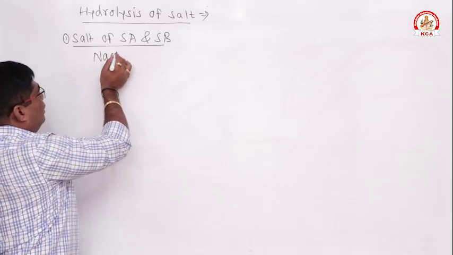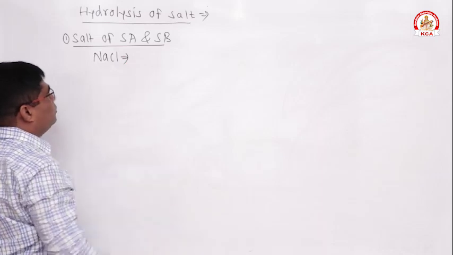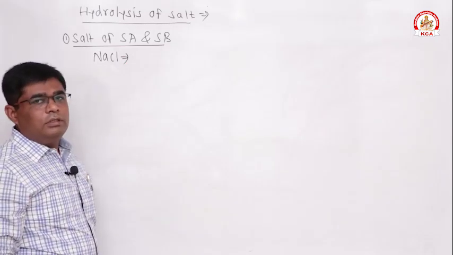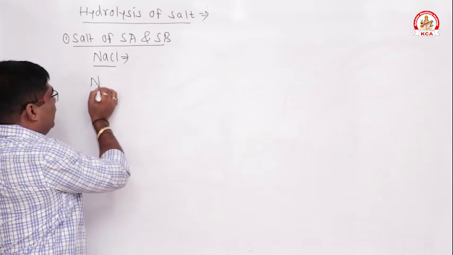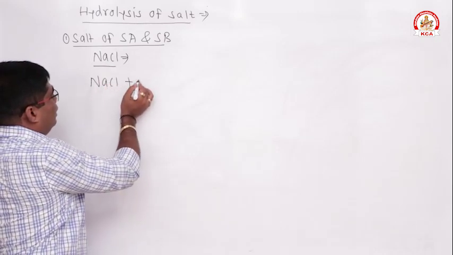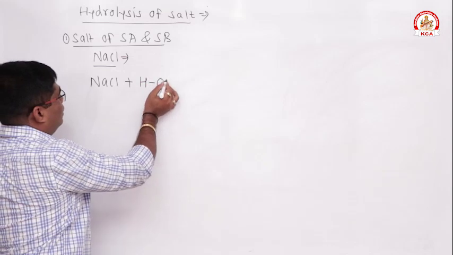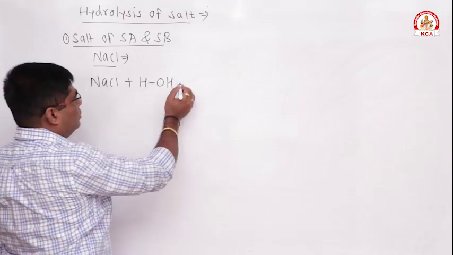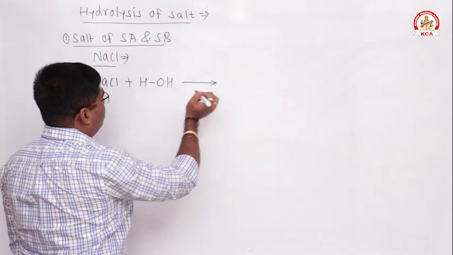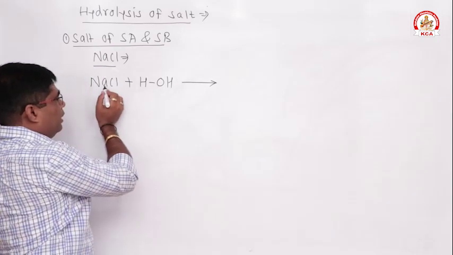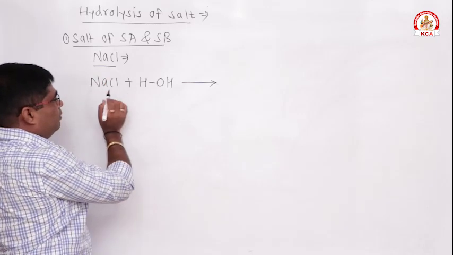NaCl is the example of salt of strong acid and strong base. Now NaCl in water, NaCl is the salt, this is an ionic compound. NaCl in water gives Na plus, Cl minus.